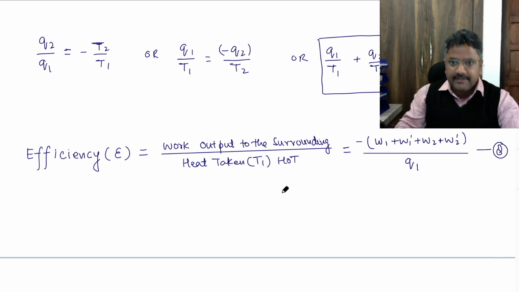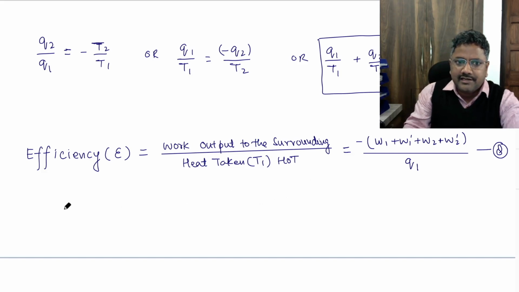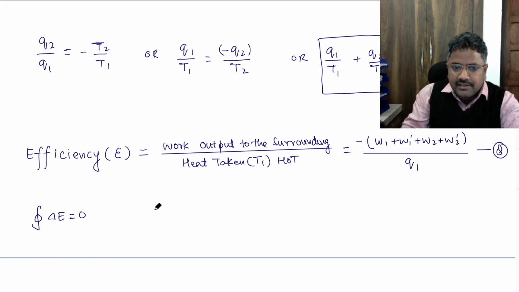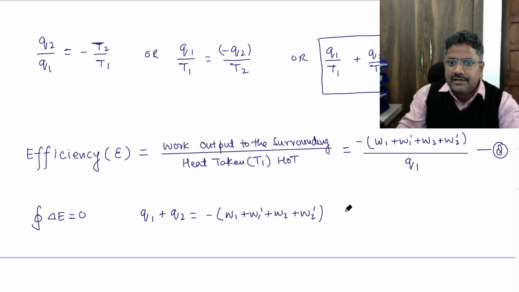Now you can see, from the first law, you can write that delta E is equal to 0. So you can write Q1 plus Q2 is equal to minus of W1 plus W1 dash plus W2 plus W2 dash, right?